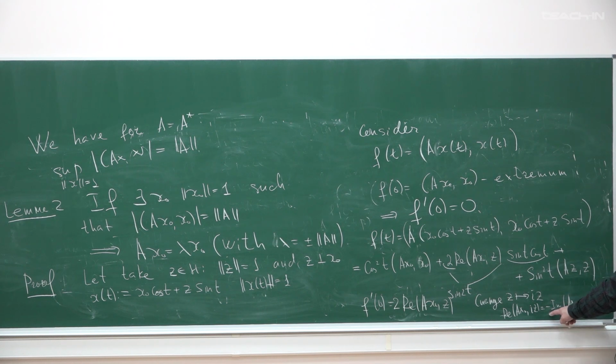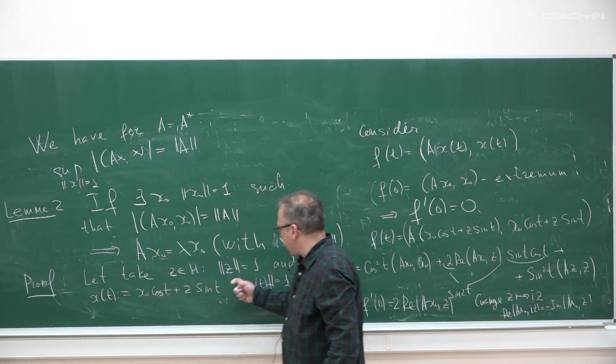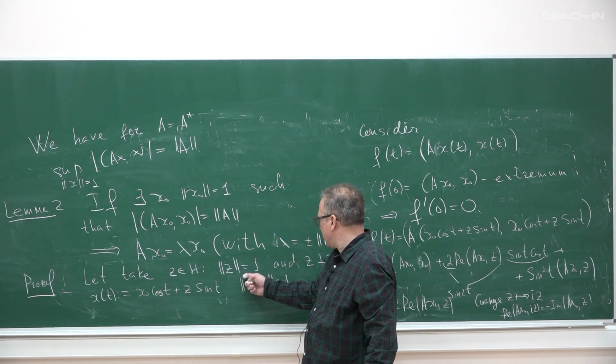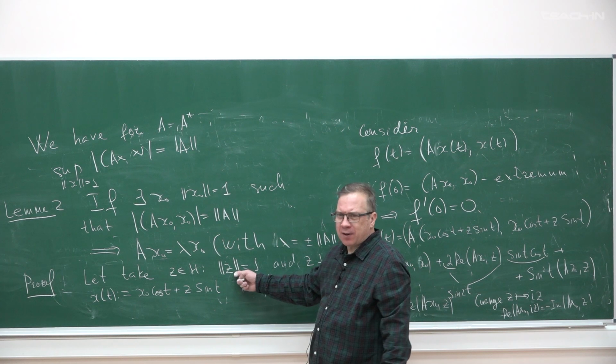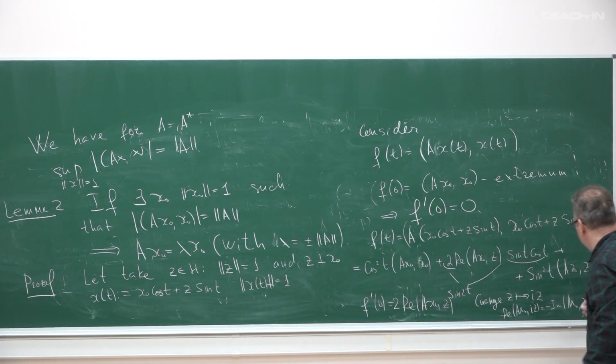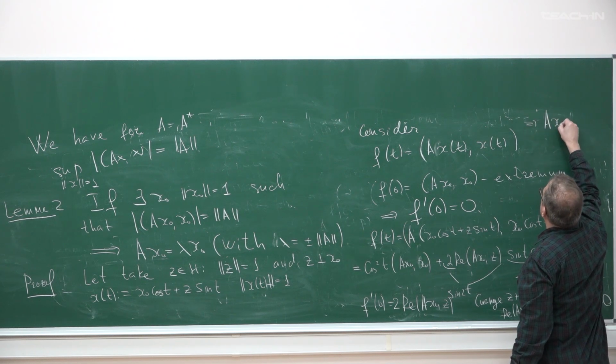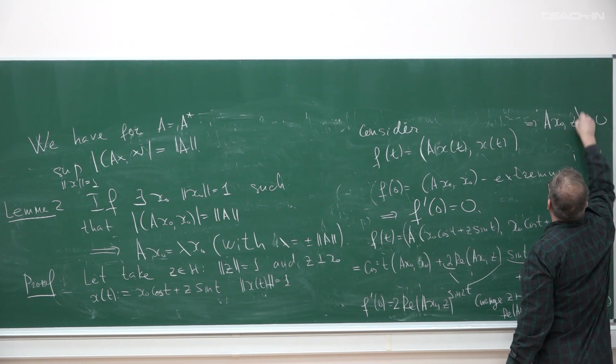The sign doesn't matter because it is equal to 0, and this vector iz is of course again orthogonal to x0 and has unit norm. So changing this, we obtain that the real part equals 0, the imaginary part equals 0. So we obtain that A x0, z equals 0.